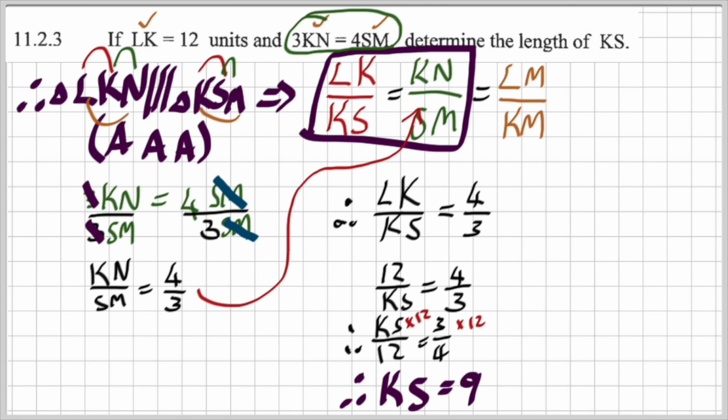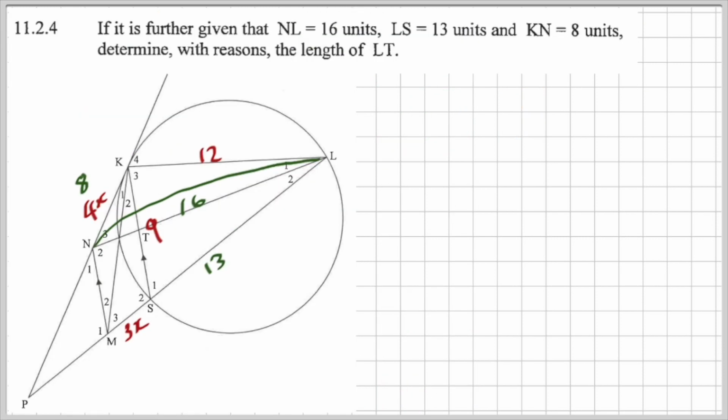Last and definitely not least is 11.2.4. For this, I'm going to write in the information that was given to me. First of all, they tell me that NL is 16, so I put that in my sketch.